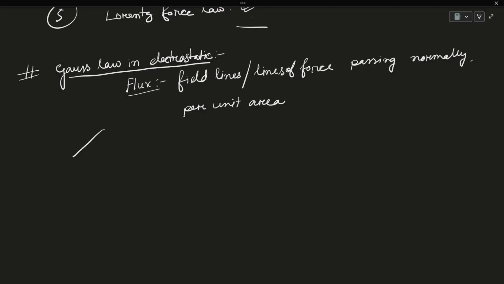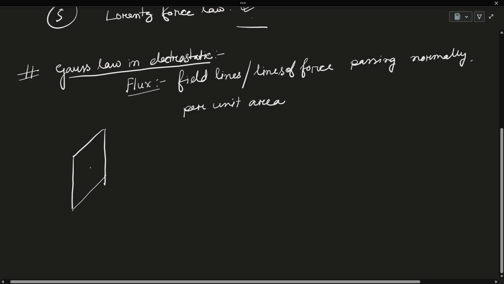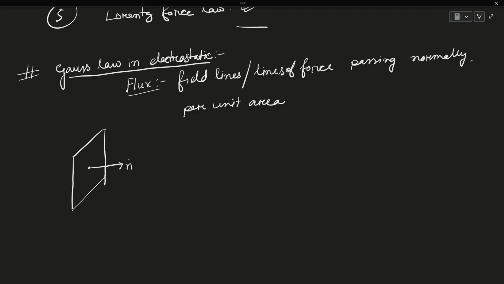So if this is a surface, let's say its normal direction is towards the right. Let me denote it by n cap.